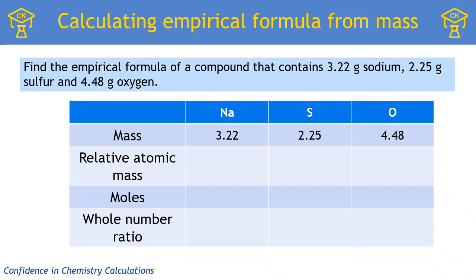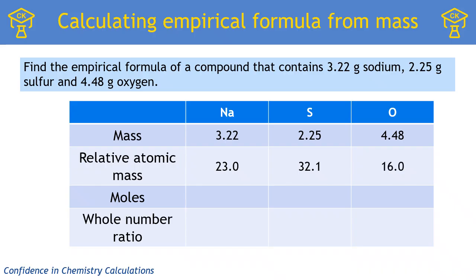Now, the empirical formula is the ratio of atoms in a formula, or ions, depending on the type of compound. And this is mass in grams. That does not relate to the number of atoms. Moles is the thing that relates to the number of atoms. So what we're doing when we calculate empirical formula is we're calculating the moles, the ratio in moles in a compound. To do that, we need to know the relative atomic mass. So I'm going on my periodic table.